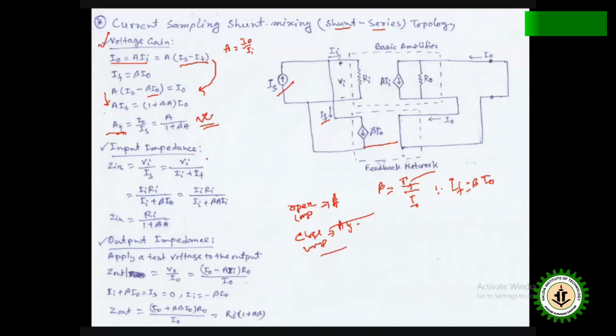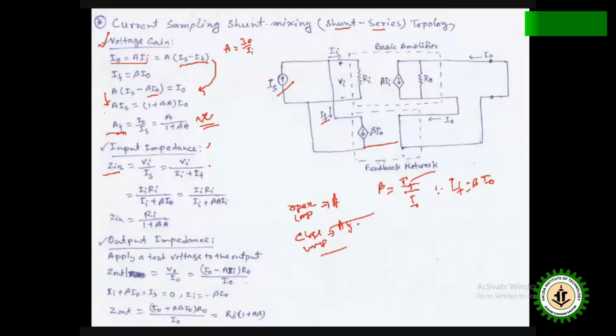So now we find out the input impedance. How do we find out input impedance? The notation is Z in for input impedance. So input impedance is Vi by IS, input voltage by input current.